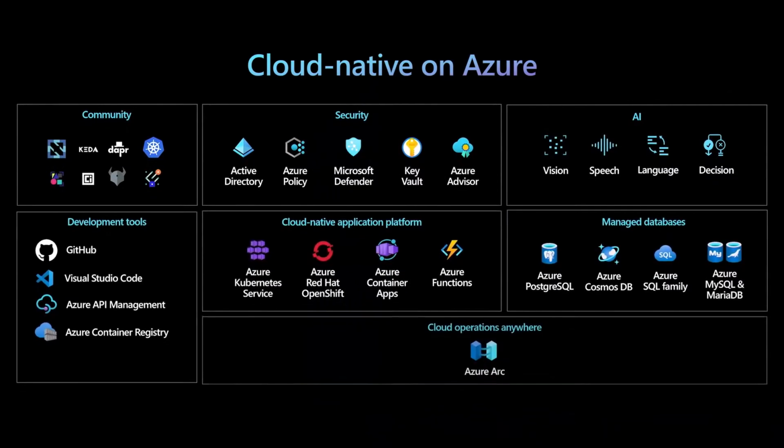Azure provides all you need to build and run your next cloud-native app. From managed Kubernetes, serverless containers and serverless functions, to planet-scale managed databases with high-quality vision, speech, language, and decision-making AI models. All the different tech stack choices can be beneficial, but sometimes they can also be overwhelming.